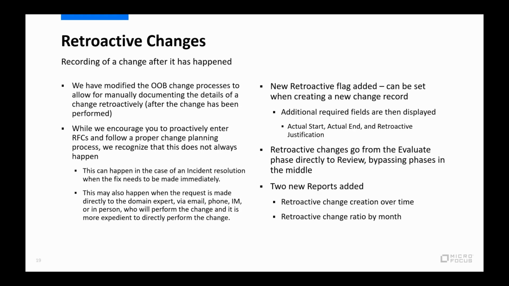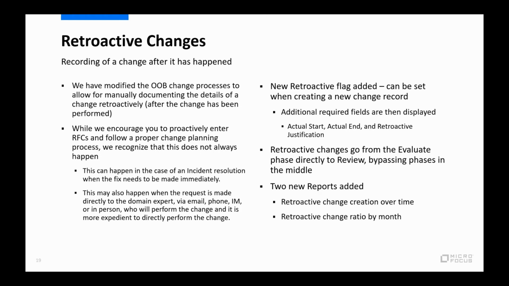But we also expose a retroactive justification field for you to fill in the actual start and actual end as you're creating the change. And then we allow you to skip directly from the evaluate phase to the review phase. You've already done the change. Those middle phases are not relevant in this case because you're recording it after it has happened.